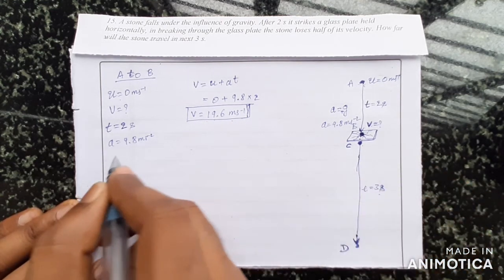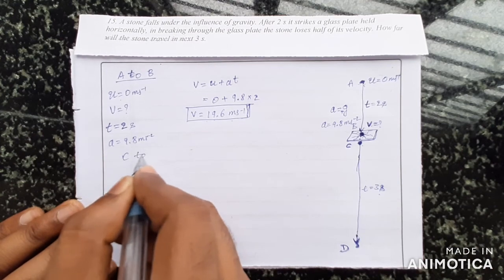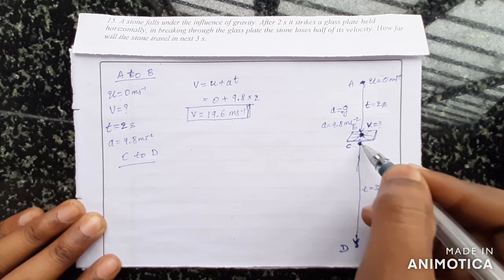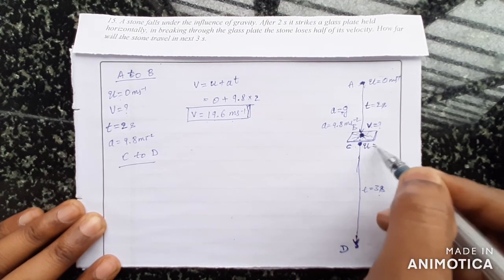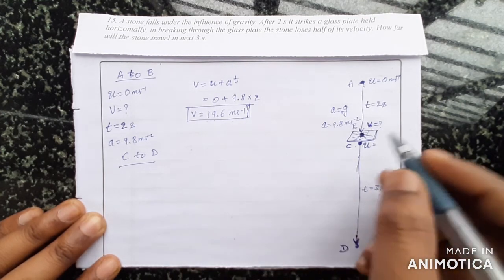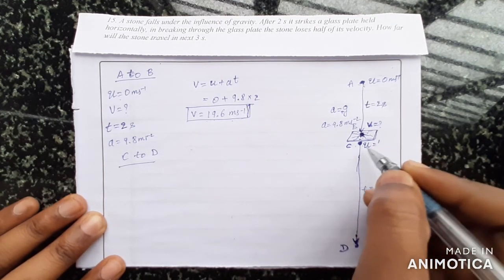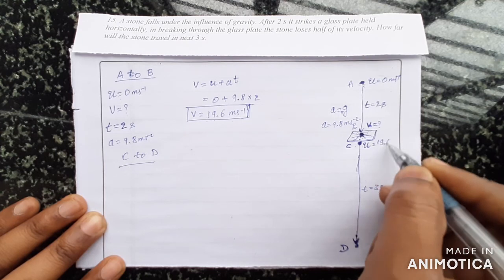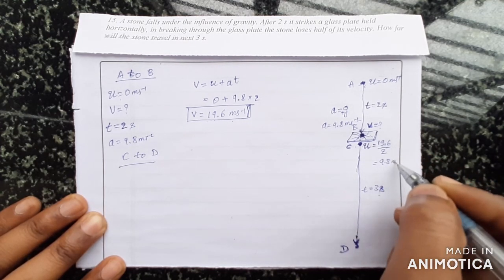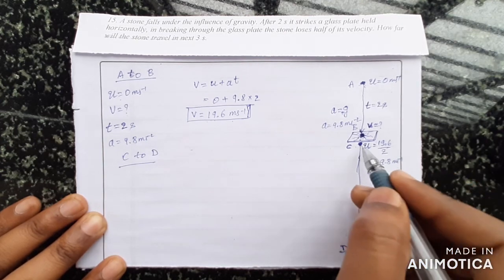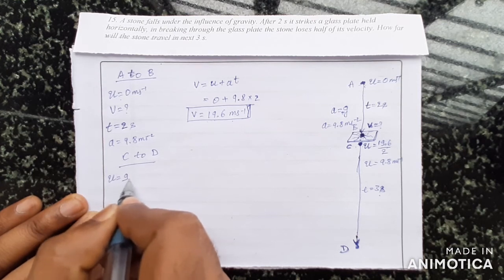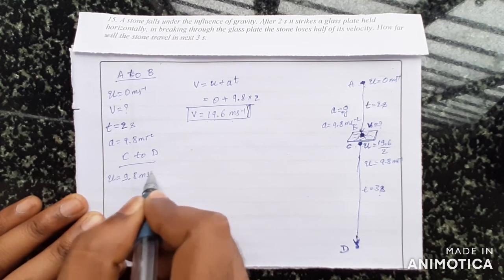So when I take the motion from C to D, the initial velocity at point C is half of 19.6, so 19.6 by 2, which is going to be 9.8 meter per second.